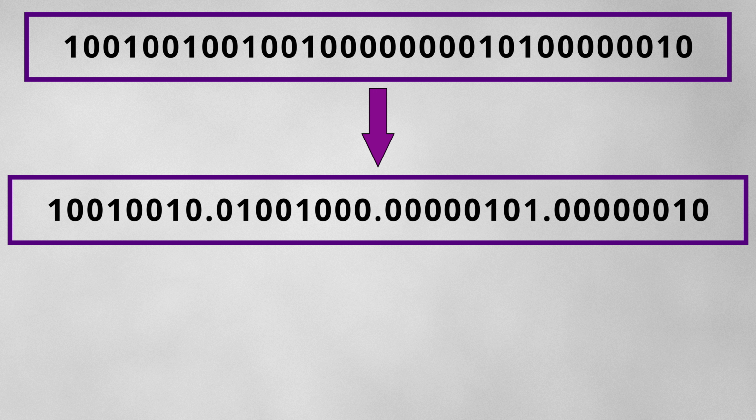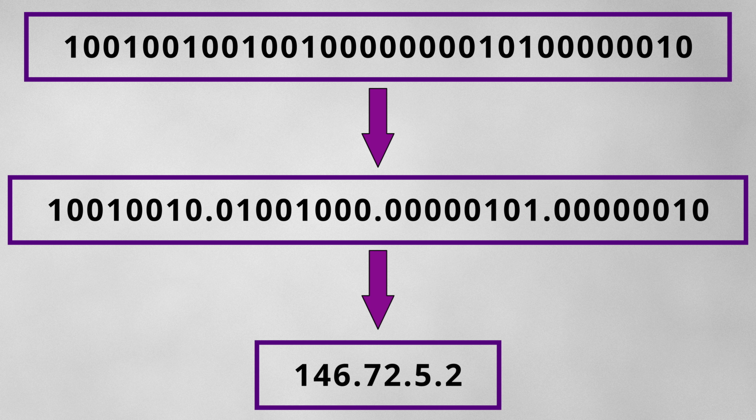Now, each octet goes through a fairly simple mathematical process that we'll be dealing with in just a second. And we end up with this address where the numbers are between 0 and 255 for each of the octets. So one octet can represent a number from 0 to 255.